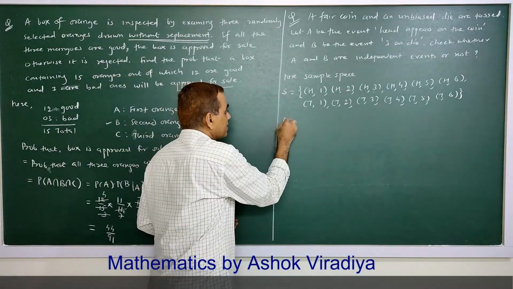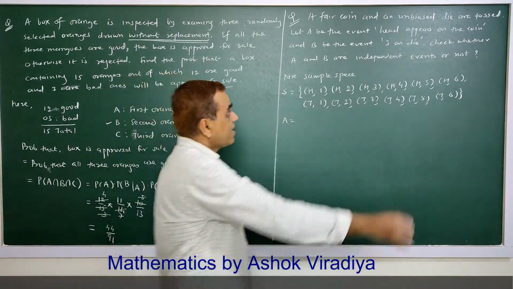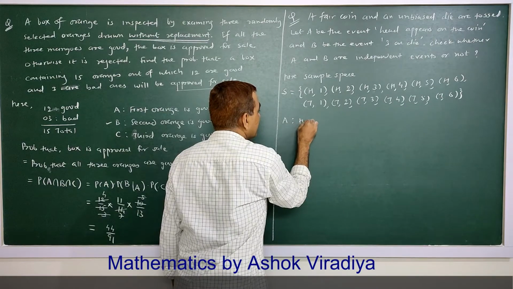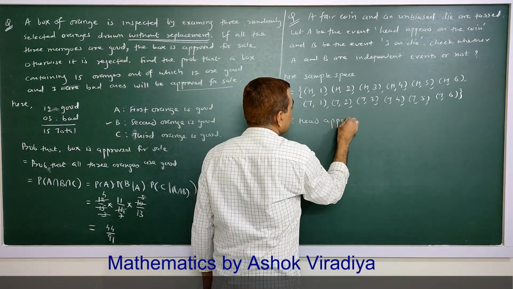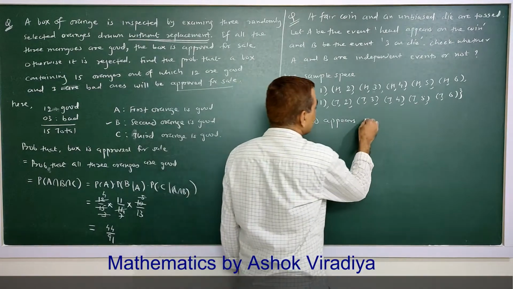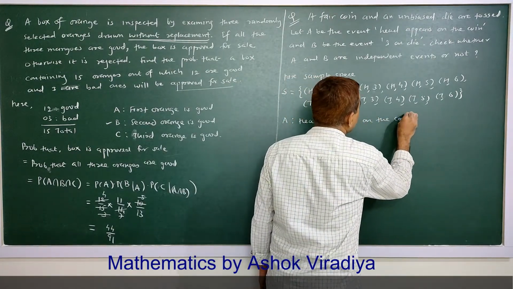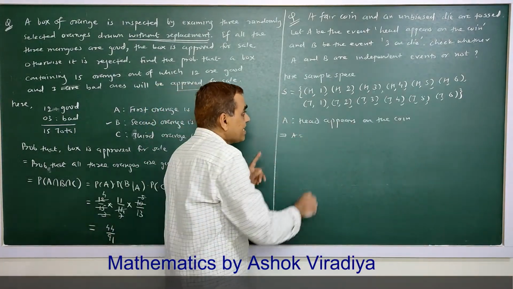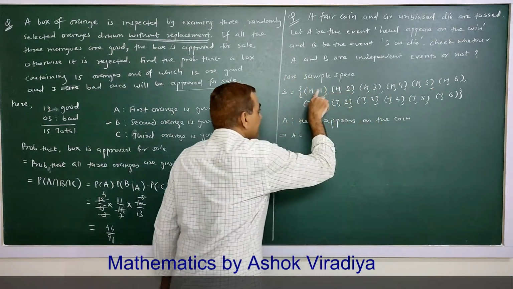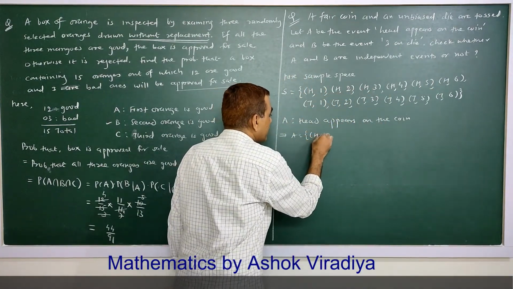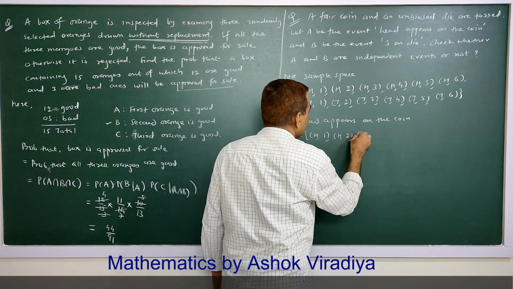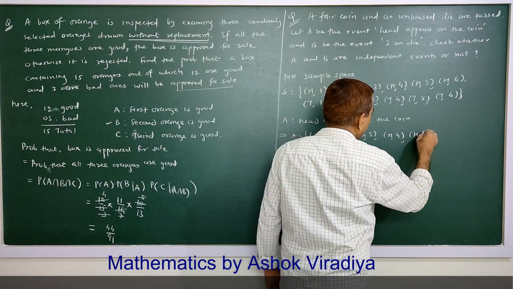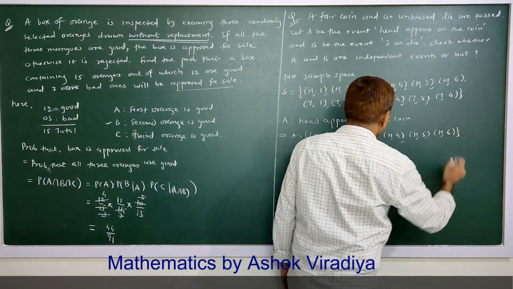Now event A. What is event A? Head appears on the coin. So A contains these elements in which head appears on the coin: H1, H2, H3, H4, H5, H6.